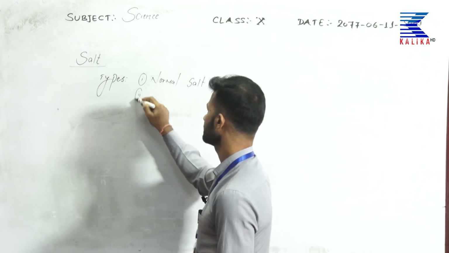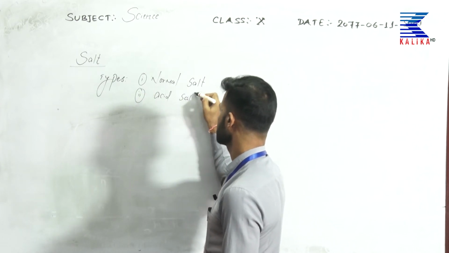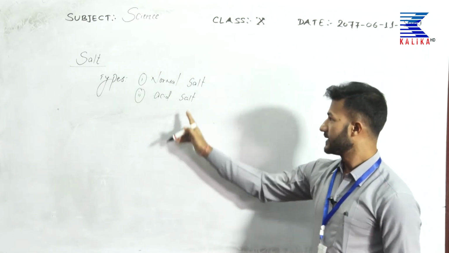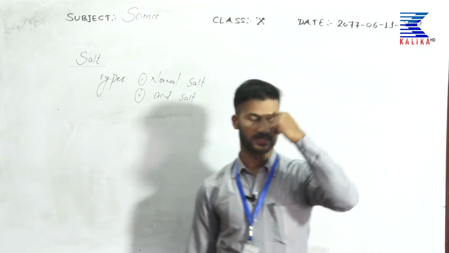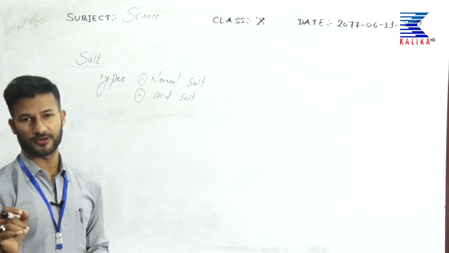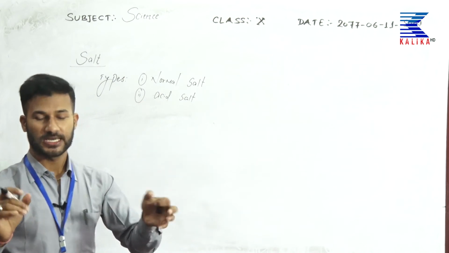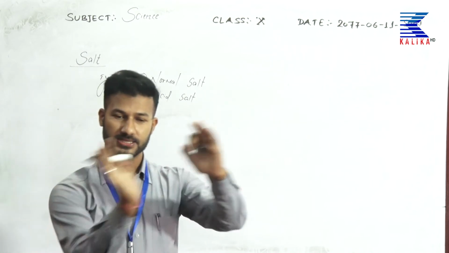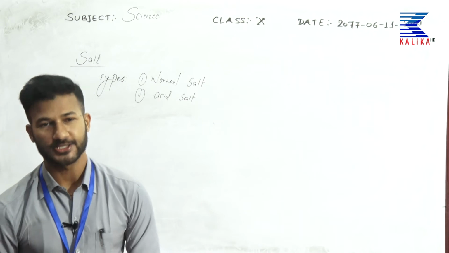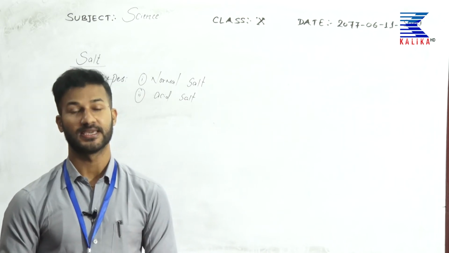Second, acid salt. What kind of salt is called acid salt? I just a few minutes before wrote a chemical reaction. When metal partially replaces hydrogen atom of acid, then it forms acid salt.